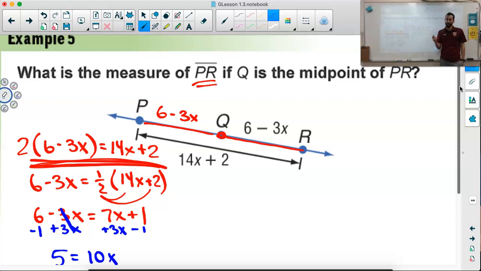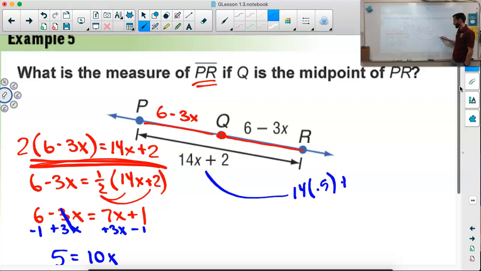Okay. Now, common sense, we're thinking carefully. If I plugged it in here, can I get my answer? Yes. If I plug it in here, I just have to double it. And sometimes the math might be easier here than here. This one's not bad either way. Just depends on which one you want to do. I'm going to plug it in here. 14 times 1/2 plus 2 is 7. 7 plus 2 equals 9.